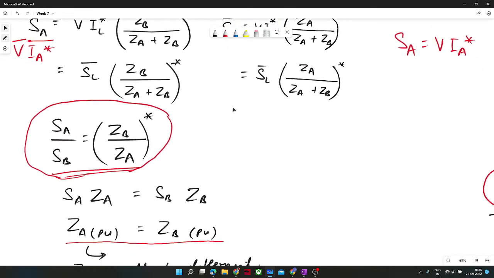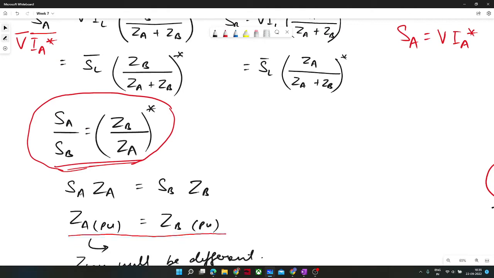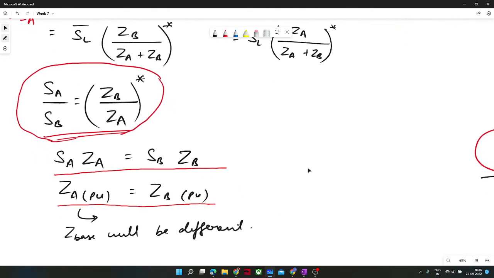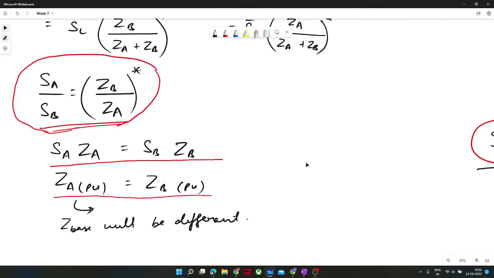So I have come to this conclusion: SA into ZA is equal to SB into ZB. After that, I come to this conclusion, ZA per unit divided by ZB per unit. So I am just dividing with voltage.